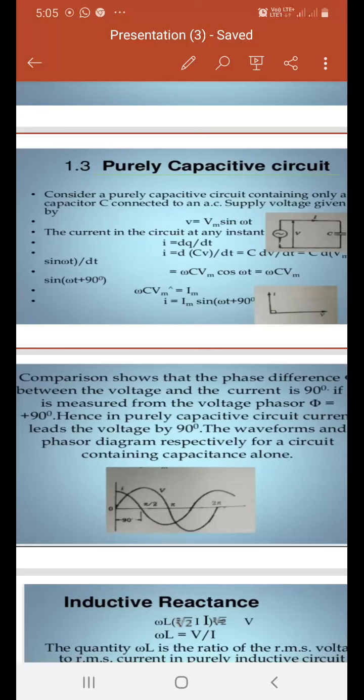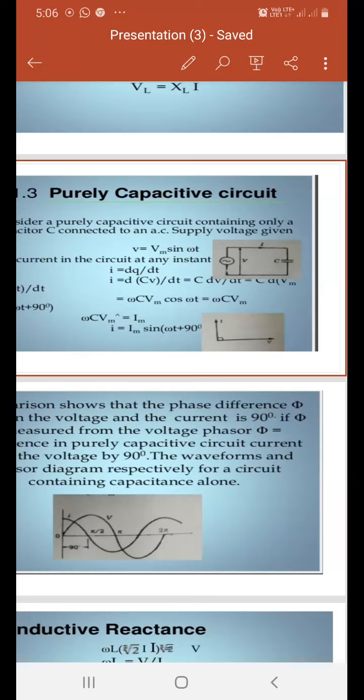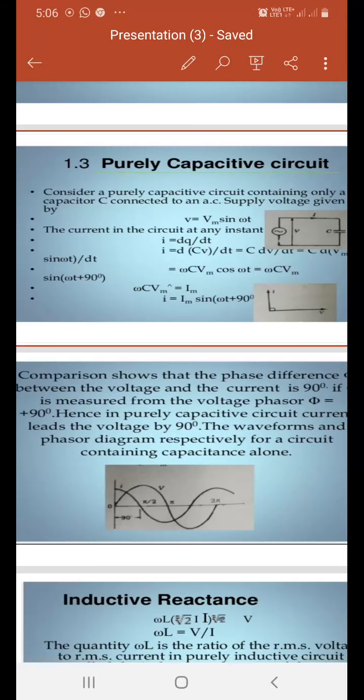The current in the circuit at any instant, small i, is equal to dq by dt, and i is equal to d of Cv divided by dt, which is equal to C dv by dt. Then omega C v cos omega t is equal to C Vm, which is equal to Im.